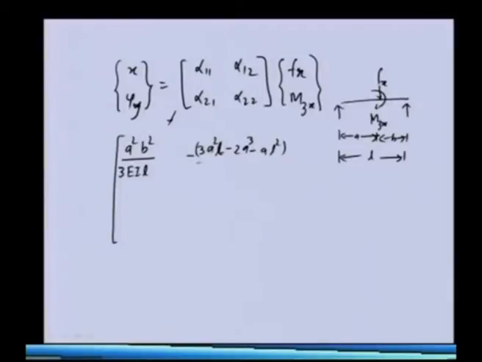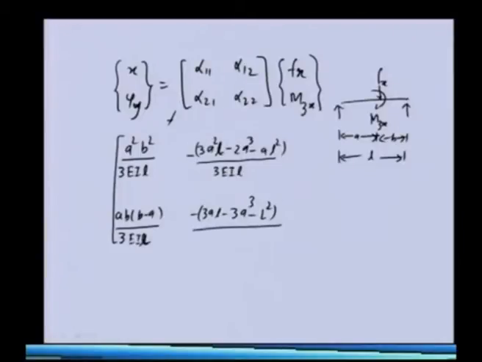AL square divided by 3EIL, and AB (B minus A) divided by 3EIL, and alpha 22 is (3AL minus 3A cube) L square divided by 3EIL.